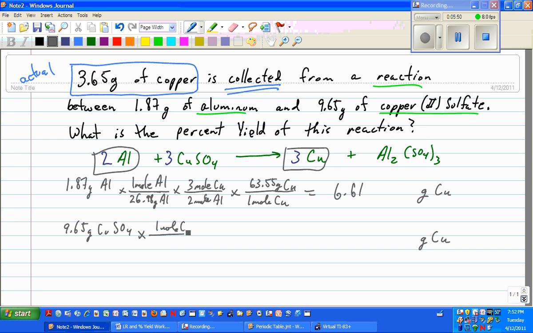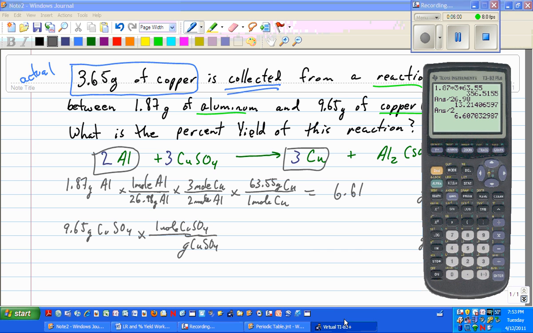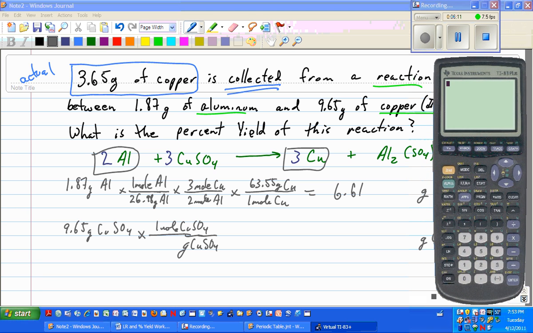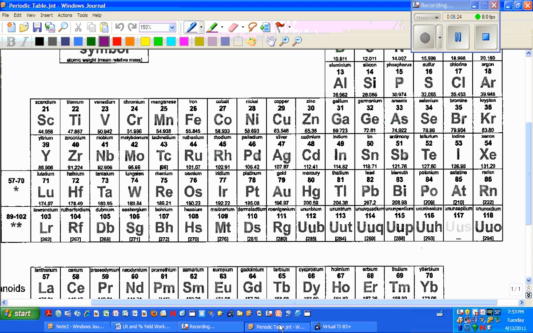Got 1 mole CuSO4 over so many grams CuSO4. Let me go back to my calculator here. I'm going to find the molar mass. I've got 4 oxygen, so it's 4 times 16, and then I'm going to add sulfur, which is 32.07.